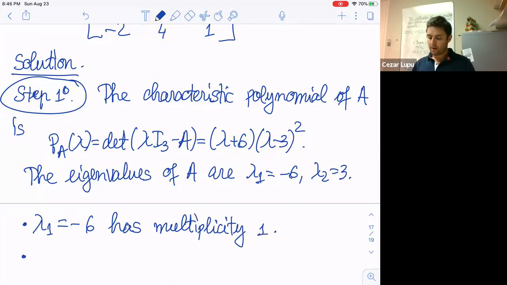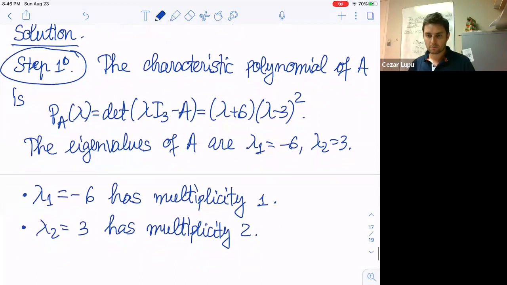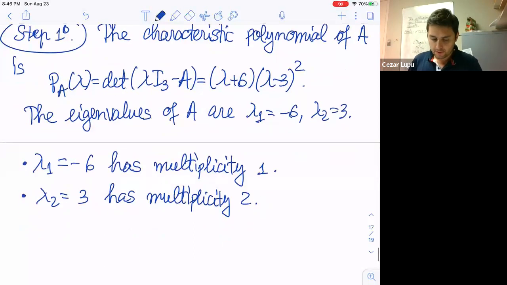And the second eigenvalue, lambda 2 equals 3, has multiplicity 2. Okay. Now, step 2.